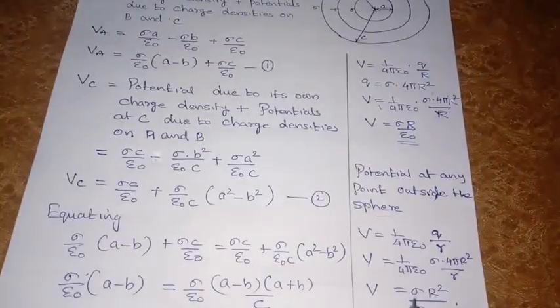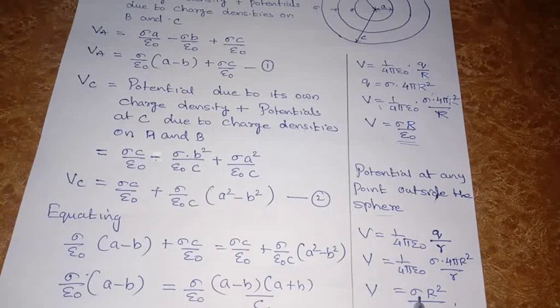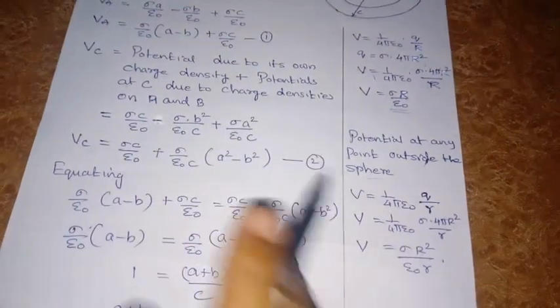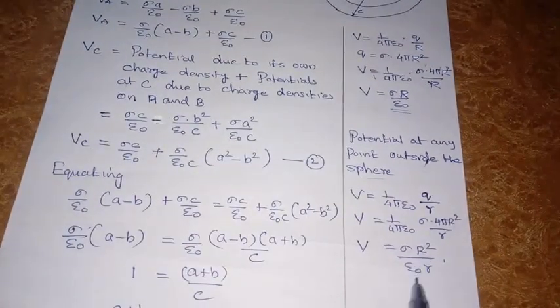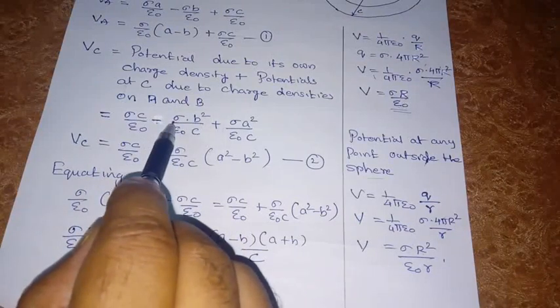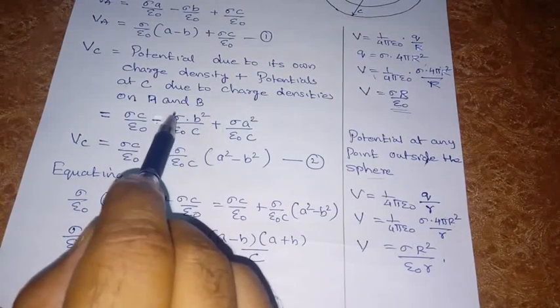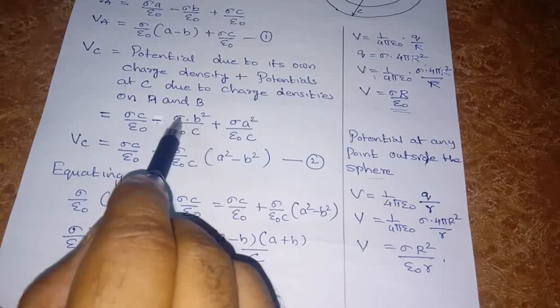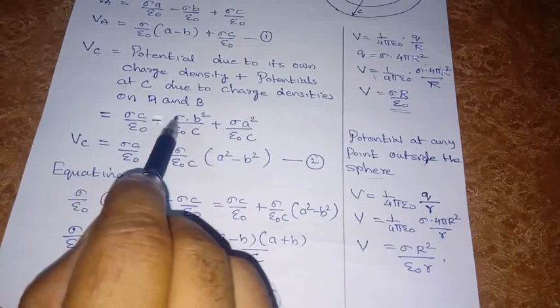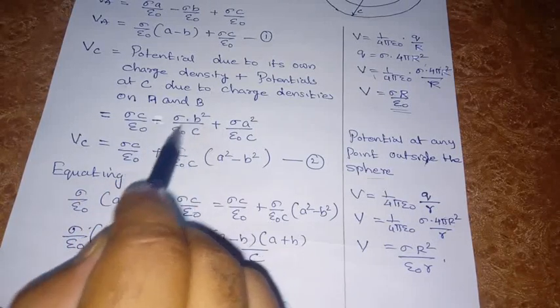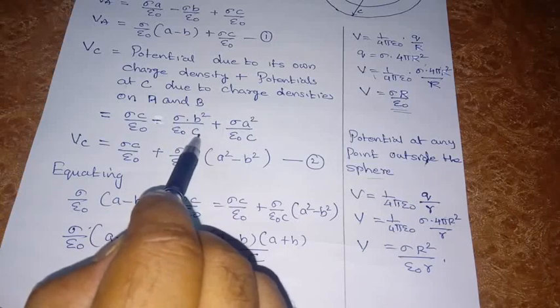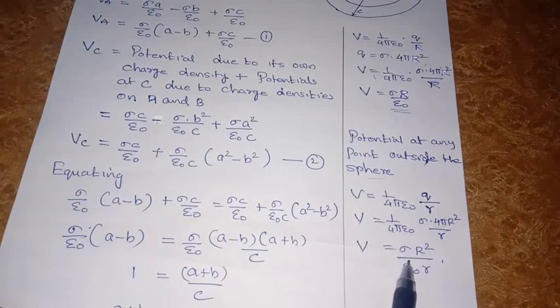So then this equation becomes minus sigma into B square divided by epsilon 0 into c. So potential on the surface of C due to charge density on B can be written as minus sigma B square divided by epsilon 0 c. This is according to this equation.